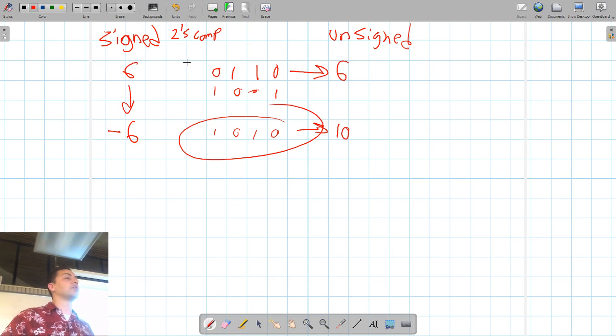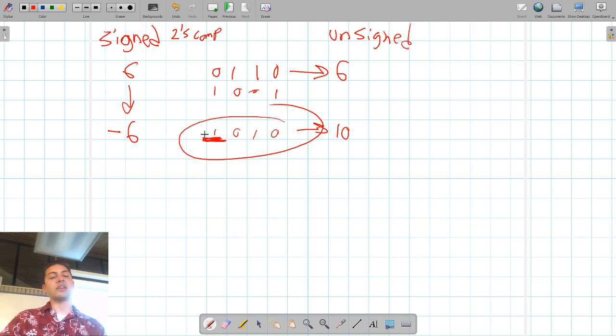When we wanted to do something in math, we used 0 through 9, and then we also had a positive and a negative sign. Well, computers don't have a negative sign thingy. They have to use one of their bits. And here's the interesting thing about signed numbers.